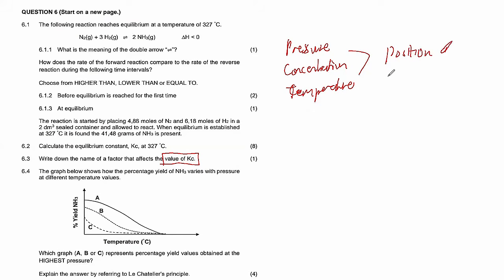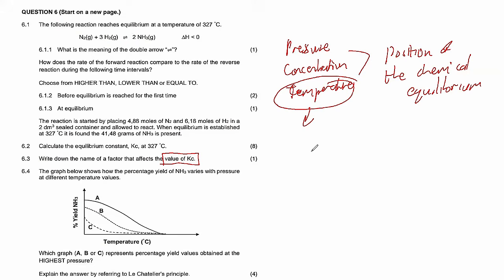of the chemical equilibrium. But only one factor from these 3 factors can actually affect the value of the Kc. Note that the value of the Kc can only be affected by temperature. So the factor that can affect the value of Kc is the temperature.